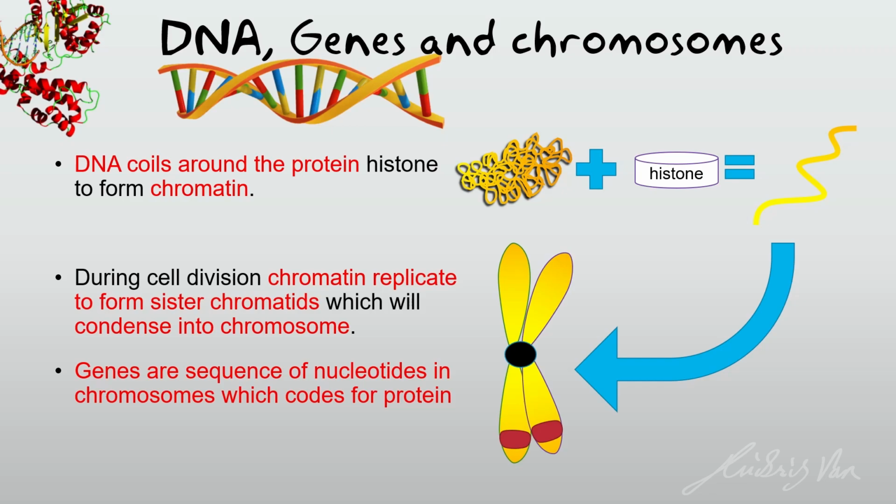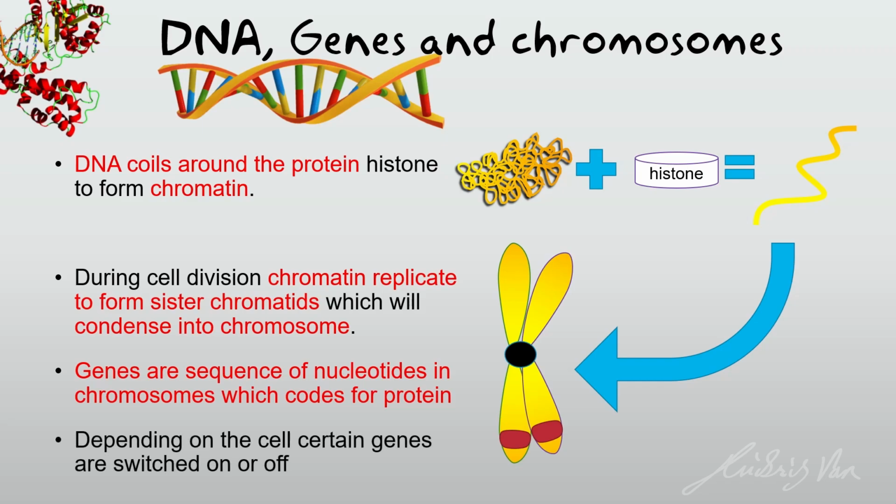Now, one question that we have not answered is, since all the DNA in your cells is the same, how come different cells in different organs behave differently? That is because, depending on the cell, certain genes are switched on and off.